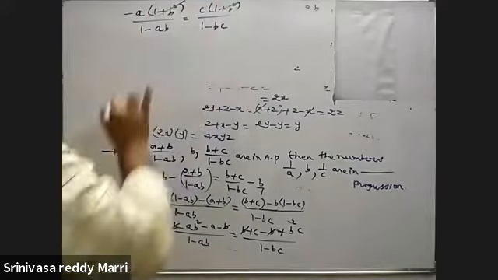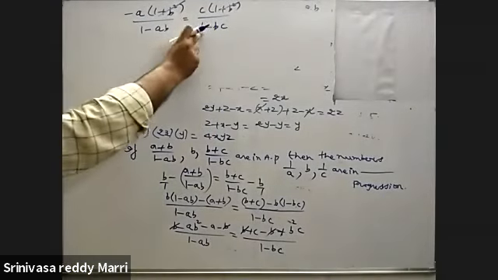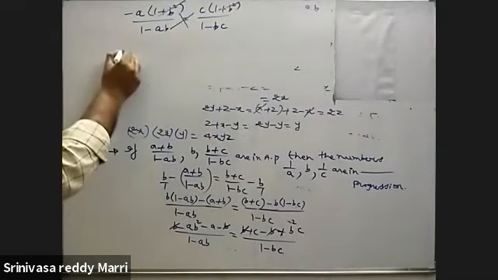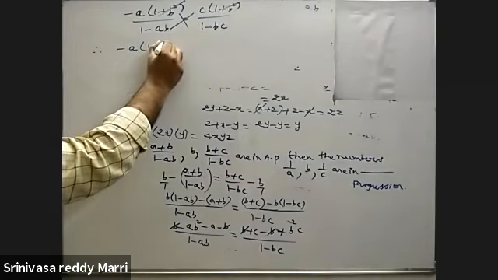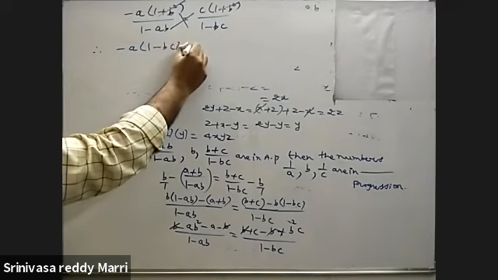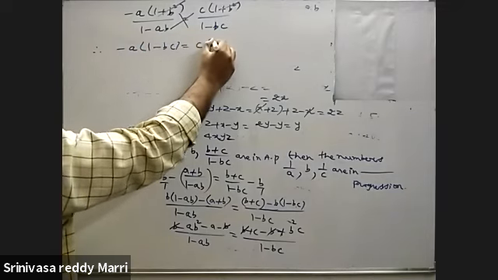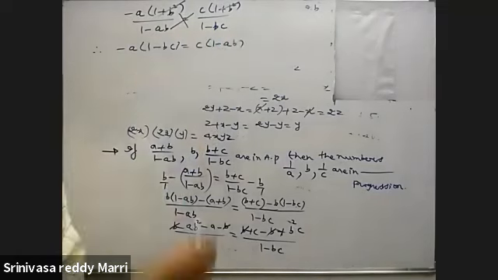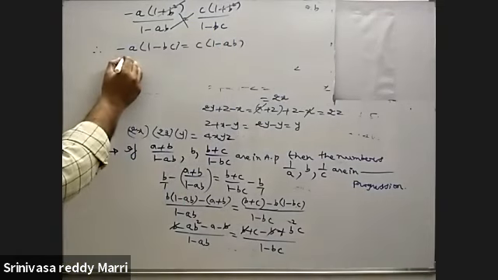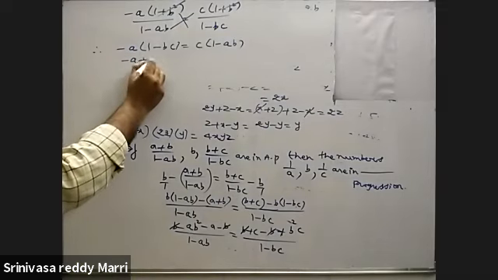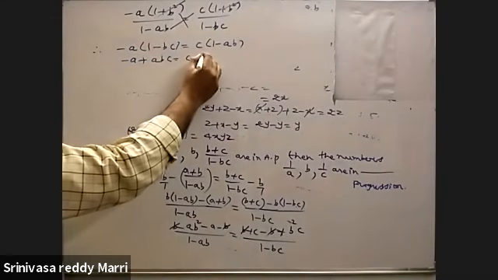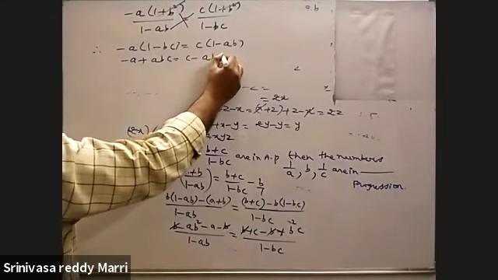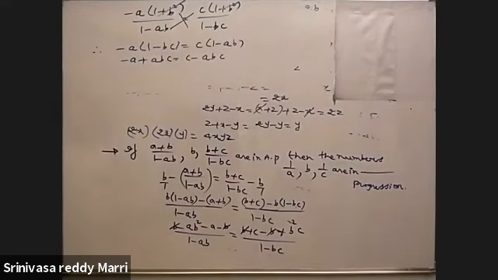Now this and this will get cancelled. Okay, now cross multiply. So minus a into (1 − bc) equals c into (1 − ab). Therefore, what you will get here? Minus a plus abc equals c minus abc.